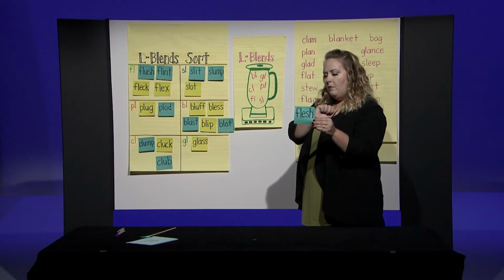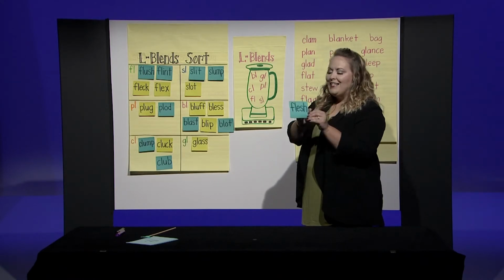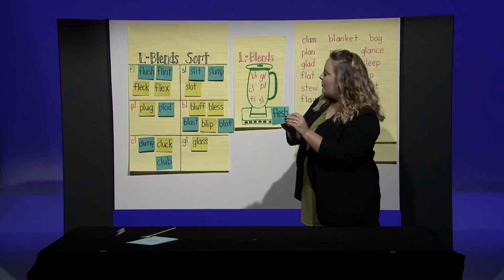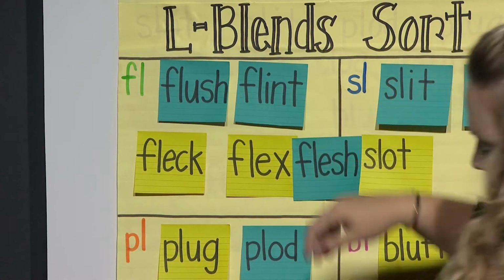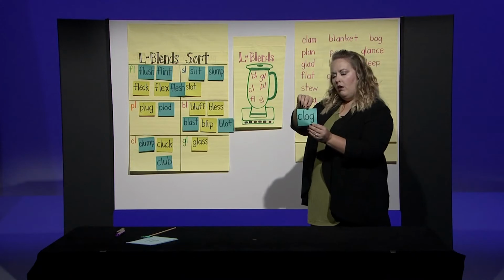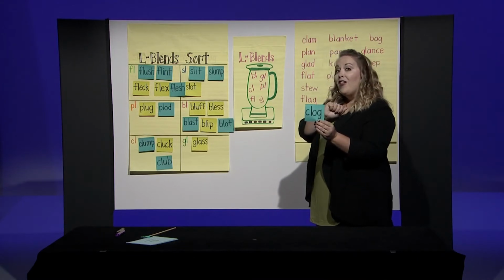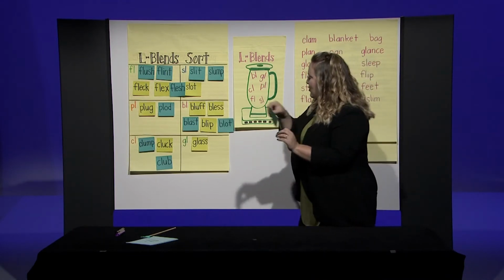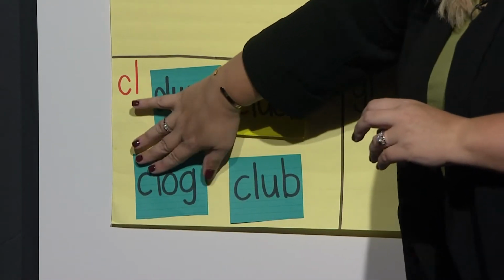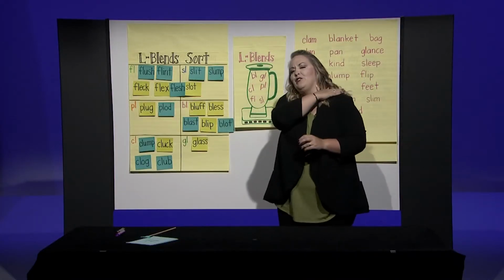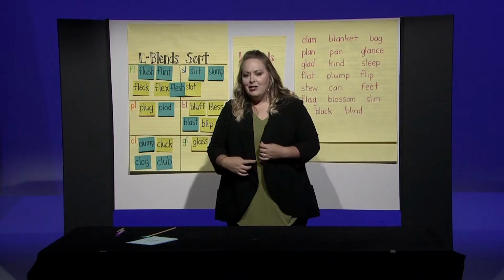Take your time. Right. Flesh. Flesh is going to go with our FLs. One more. Clog. I heard y'all. Great job. Clog is going to go with our CL blends. Very good job. Pat yourselves on the back. You did an amazing job.